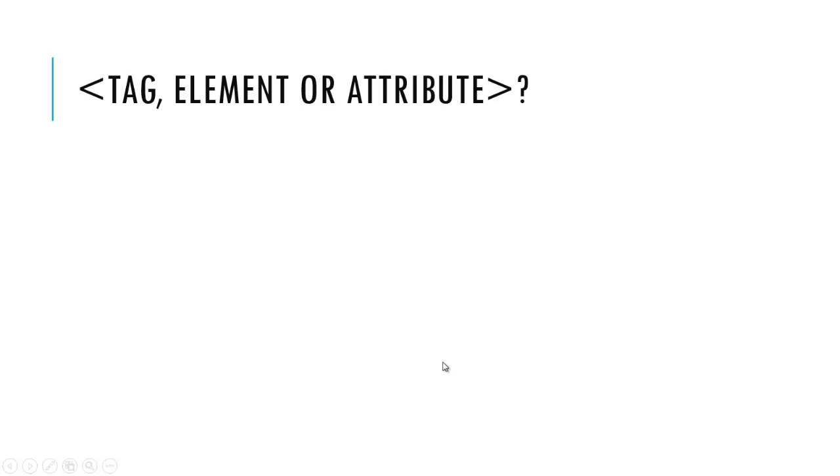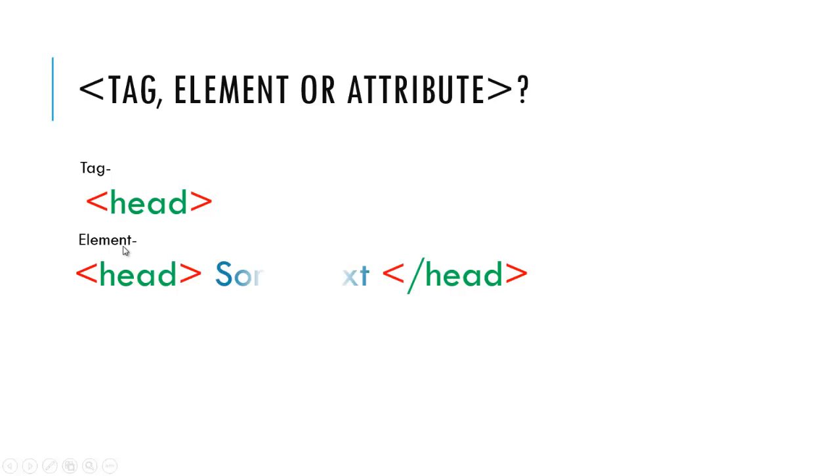Alright, let's talk about tags, elements, and attributes before we get started. Our tags are what build up HTML. We've got two angle brackets on either side of the tag and your tag name in the middle. Your element is your open tag, your close tag, and whatever's in between that.